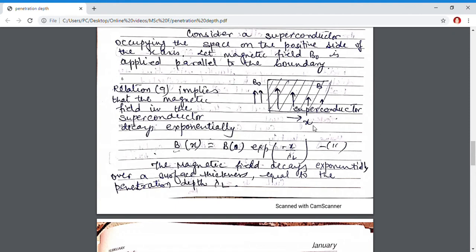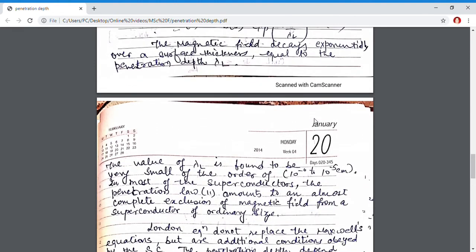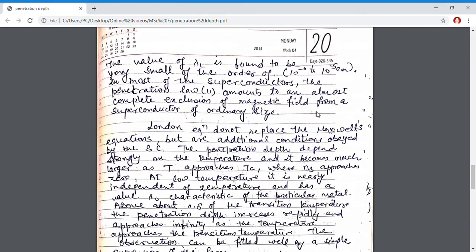But according to the Meissner effect, B must be completely 0 inside the superconductor. These London equations do not replace the Maxwell equations, but they are additional conditions which a superconductor must follow. This penetration depth depends upon temperature.